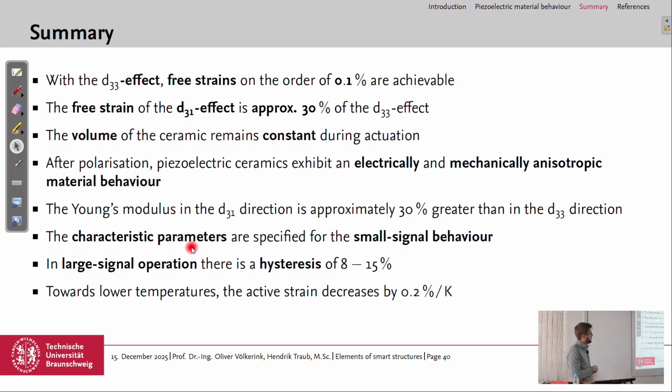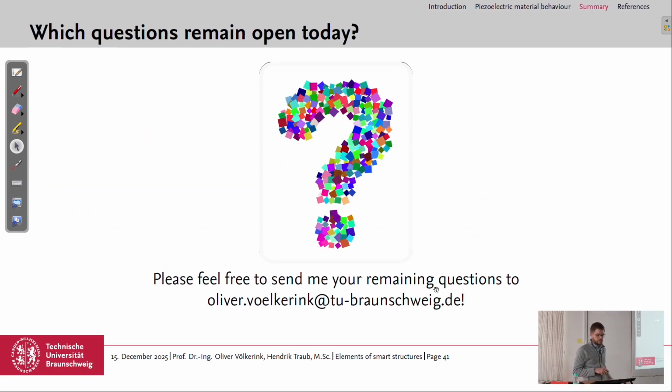We introduced some characteristic parameters for the small signal behavior, neglecting the hysteresis. In large signal operation, we have a hysteresis or loss of 8 to 15%. And towards lower temperatures, the active strain decreases, if you want it as a linear number, by about 0.2% per Kelvin. And with this, I'm at the end of this first lecture today, and I'm open to questions.